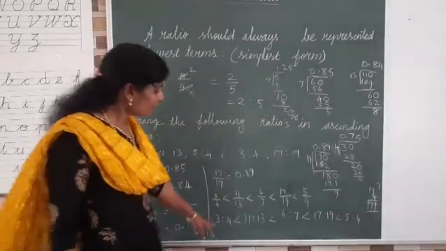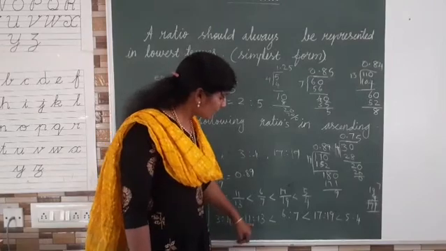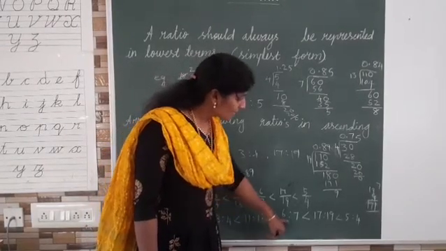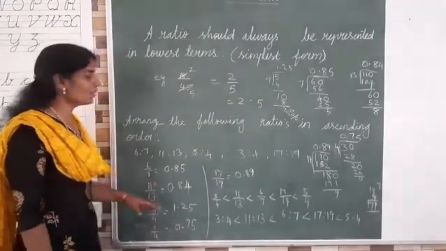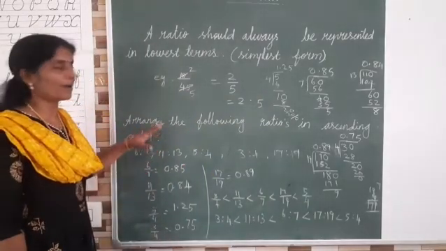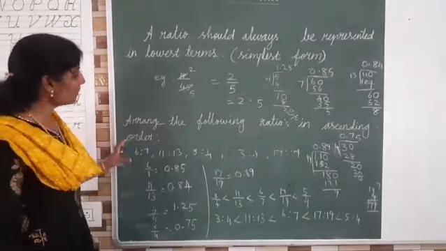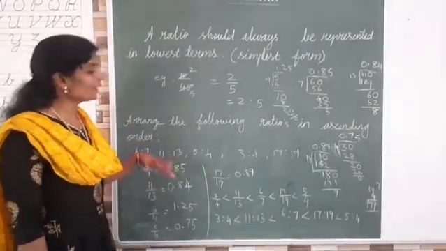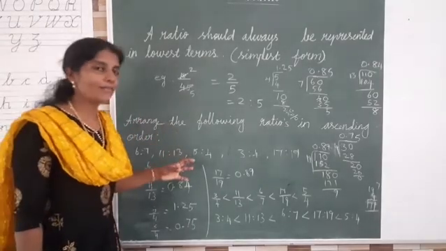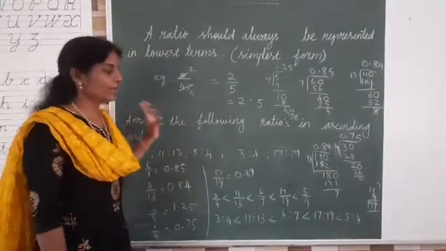Okay, 3 is to 4, 11 is to 13, 6 is to 7, then 17 is to 19, then the last one is 5 is to 4. This is the ascending order. First, ratio form in fraction form. After we can convert into decimal numbers, then we can identify which is the small number. We can arrange from small to big.